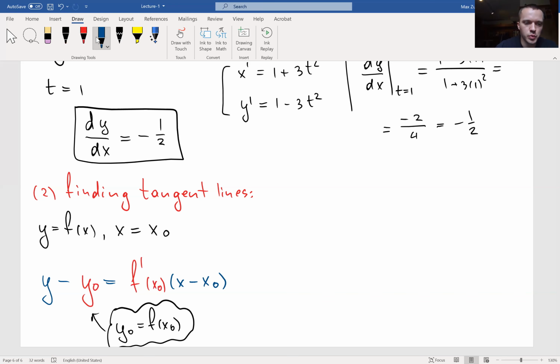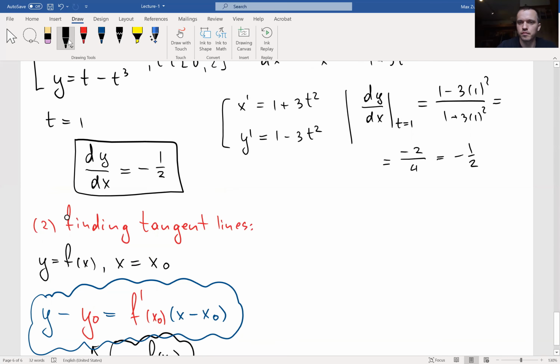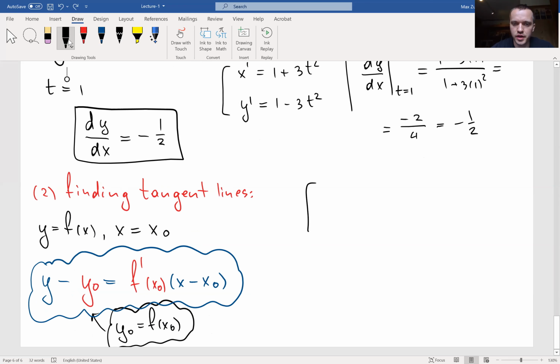Right now, what we're going to do is take this equation and rewrite it in parametric form. We have the parametric equations x is equal to g of t, y is equal to h of t, and you can see that before we had x as our parameter, but here our parameter is t, so I'm going to have t is equal to t naught now.